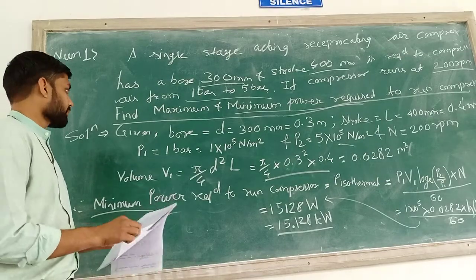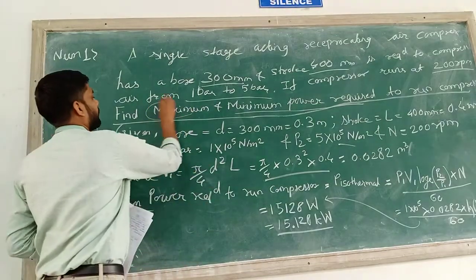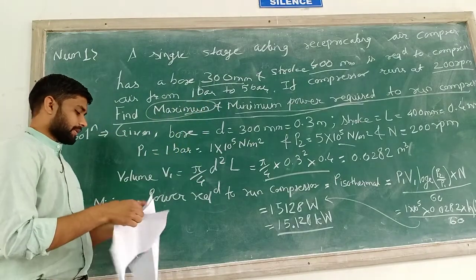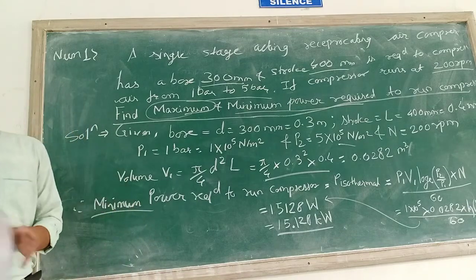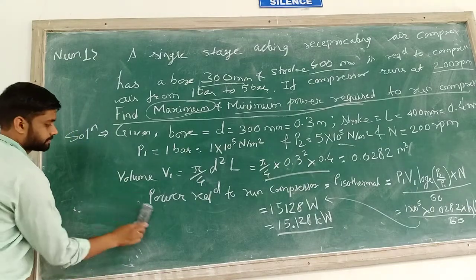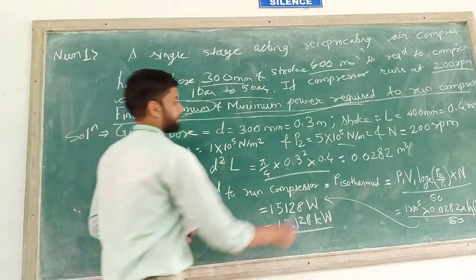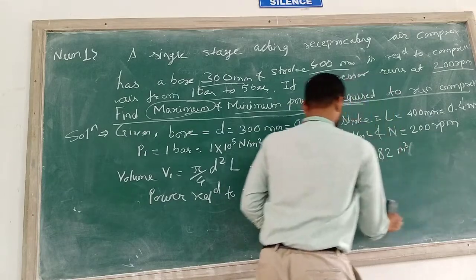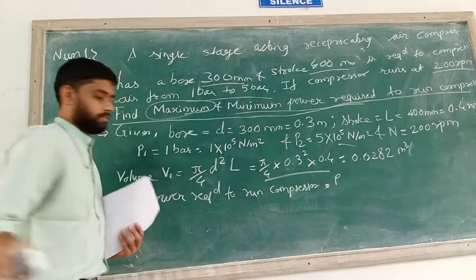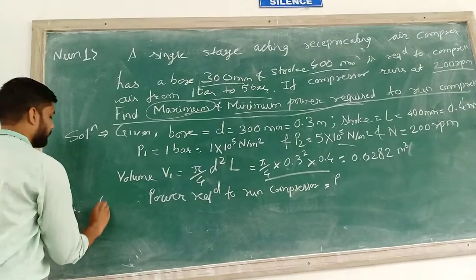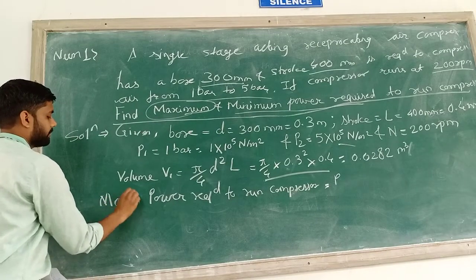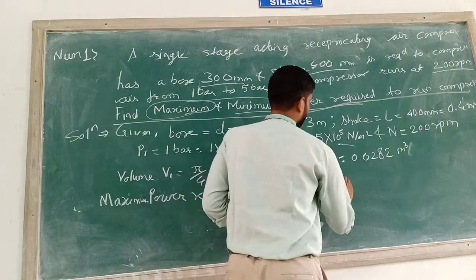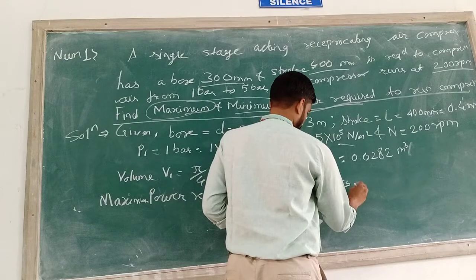Now we need to find the maximum power required to run the compressor. So I am writing here. The maximum power required to run the compressor is the isentropic power.